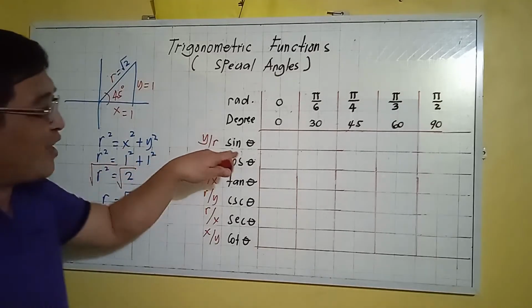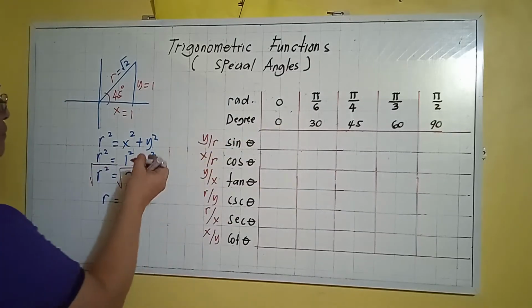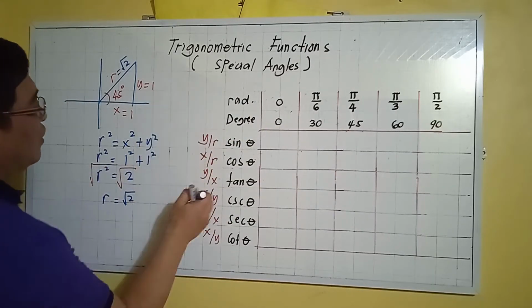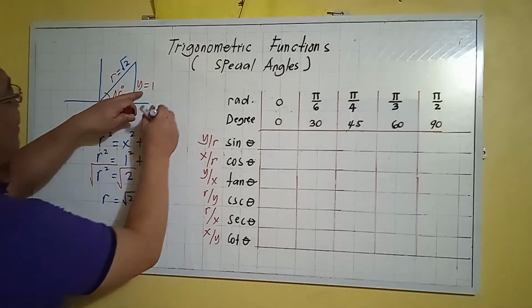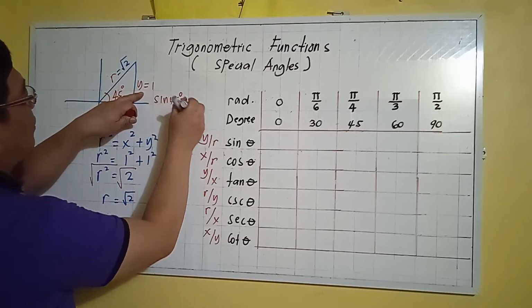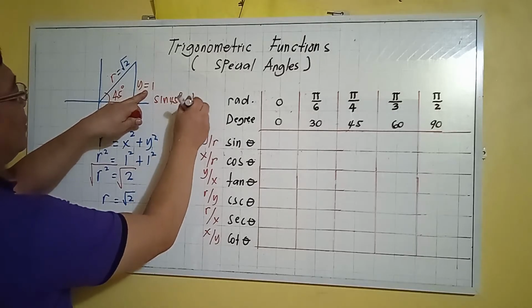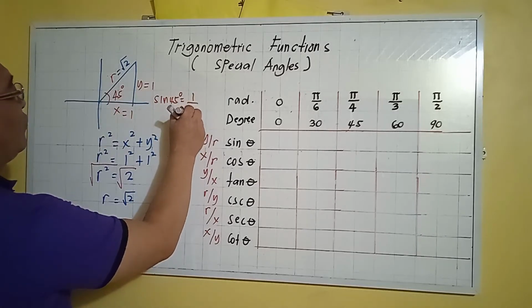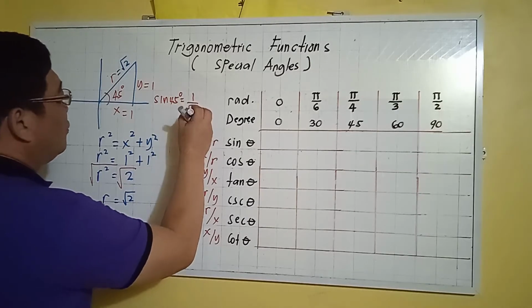Now, umpisa natin yung sine 45 degrees. Sine 45 degrees, meron siyang ratio na y over r. Ano yung y? Sine 45 degrees is equals to y over r is 1 over r, square root of 2.